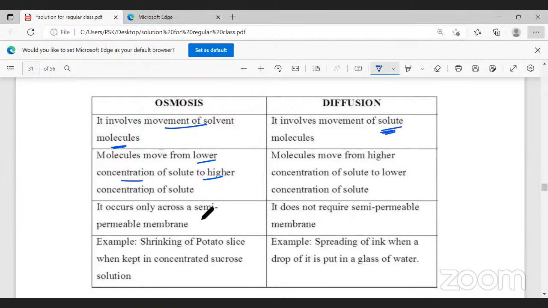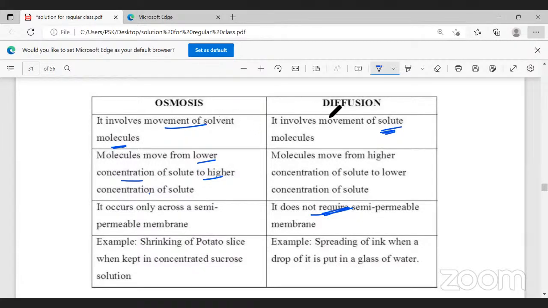Osmosis occurs only across a semi-permeable membrane. Diffusion doesn't require it. Example, shrinking of potato slice when kept in concentrated sucrose solution. Example, spreading of ink when a drop of it is put in a glass of water.